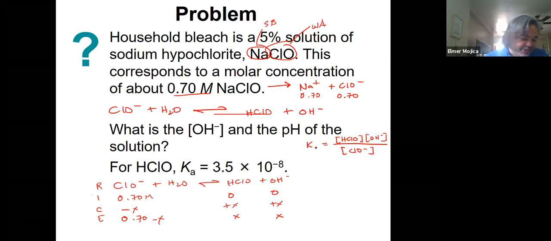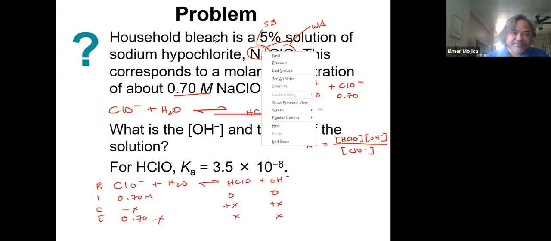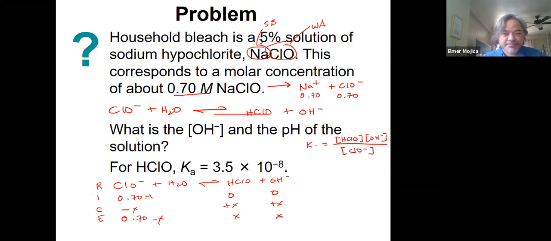What is that? Ka or Kb? So this is a Kb. What's my guide? I have a hydroxide there, but the Kb is not given.